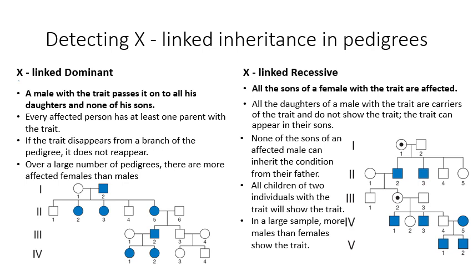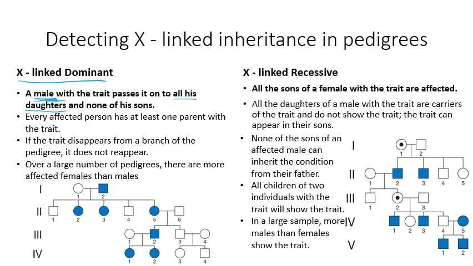If we're looking at an X-linked dominant trait, some characteristics that you need to be able to identify is that any male that has this trait, so a male that is coloured in, a square that's coloured in, will pass this particular trait onto every single one of his daughters.